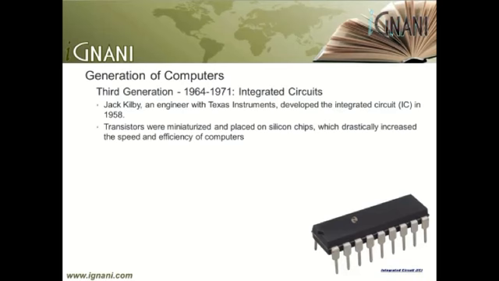Transistors were miniaturized and placed on silicon chips, called semiconductors, which drastically increased the speed and efficiency of computers. The IC combined three electronic components onto a small silicon disk, which was made from quartz. Scientists later managed to fit even more components on a single chip, called a semiconductor.